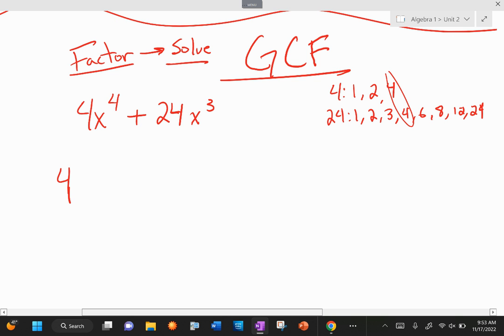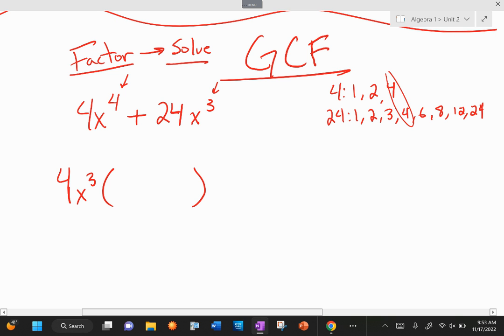Now, how many x's do they both share? They both share 3 x's, right? If they both have the same variable, you can pull out whatever the lowest number of those variables is. That one has 4, that one has 3, so you can pull out 3 x's from both because you're not pulling out too many.